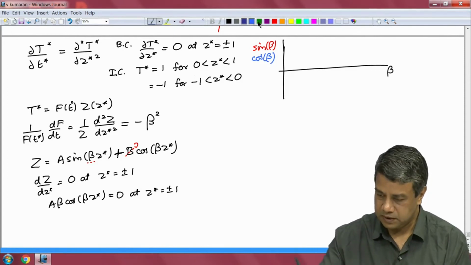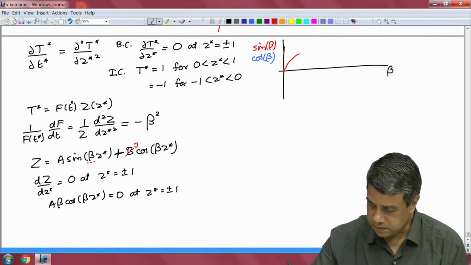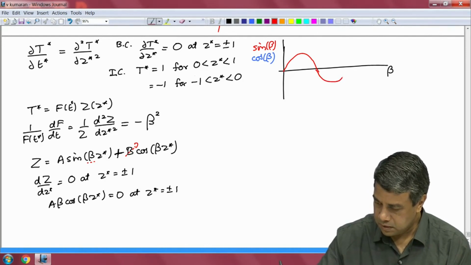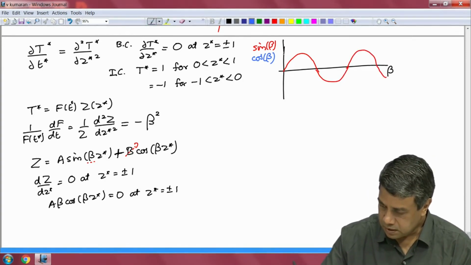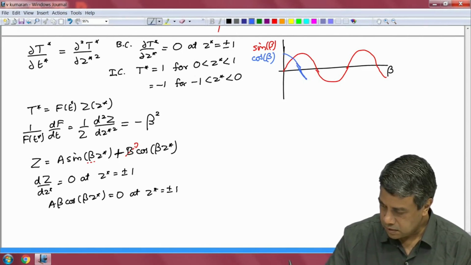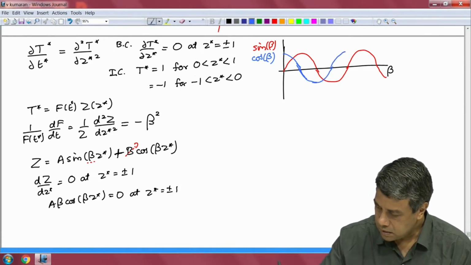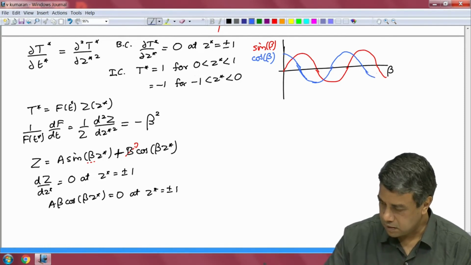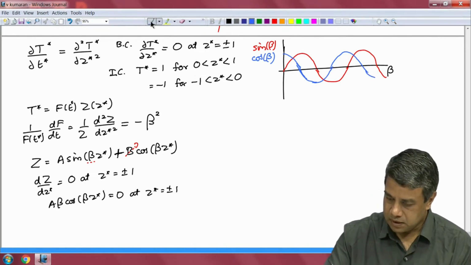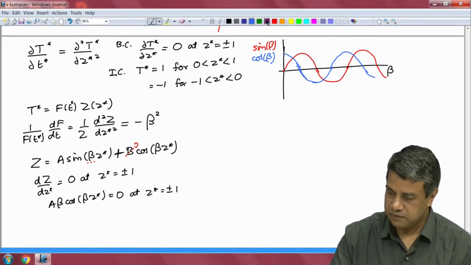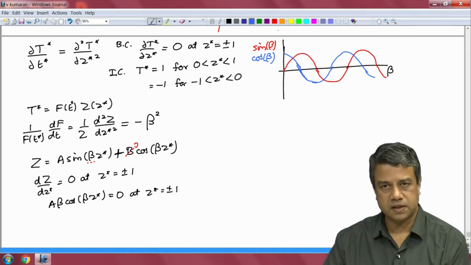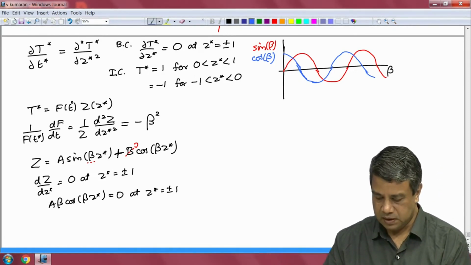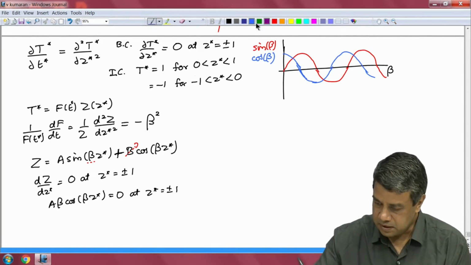The sine function has this shape, and the cos function looks something like this. What I require is that the slope of the sine function has to be 0, or the cos function has to be 0. This happens at these locations.